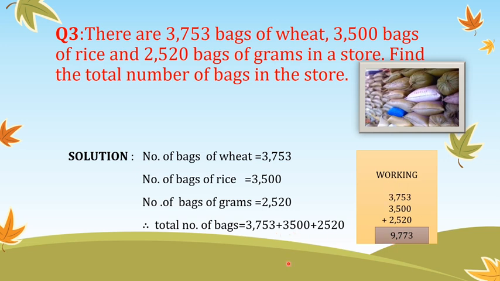So your result is 9773 bags. So this is how you can solve the word problems using the keywords, keeping the chart in mind, and then your word problem statement framing, everything will become very easy and simple for you.